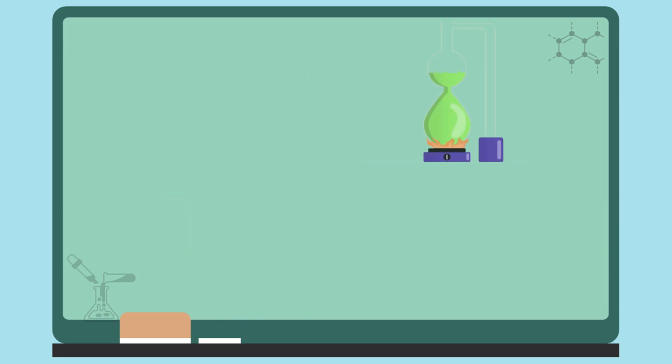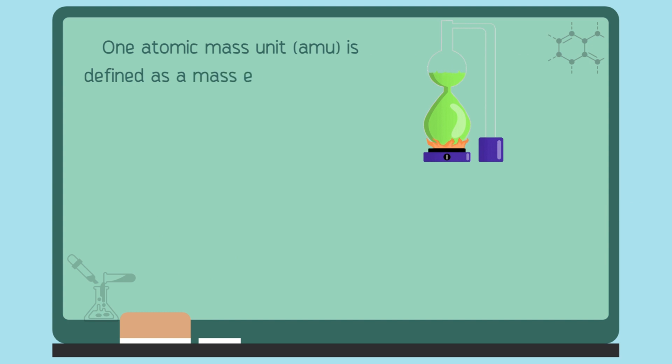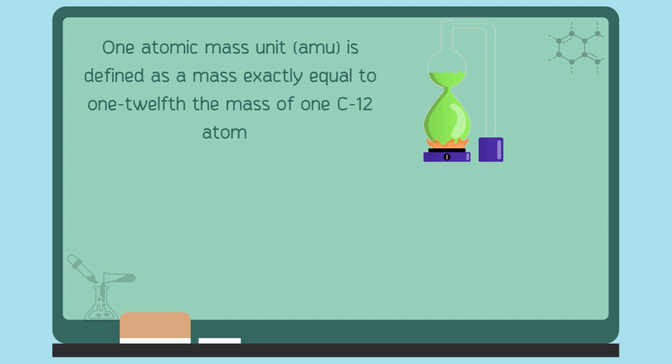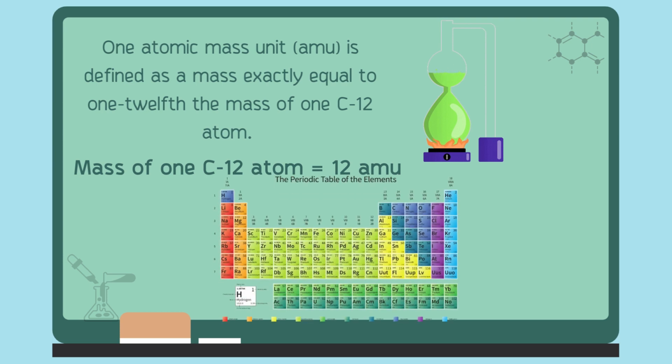One atomic mass unit, for example, is defined as a mass exactly equal to 1/12 the mass of one C12 atom, which means that the mass of one C12 atom is equal to 12 atomic mass units. All other elements in the periodic table have their atomic masses calibrated according to this ratio.